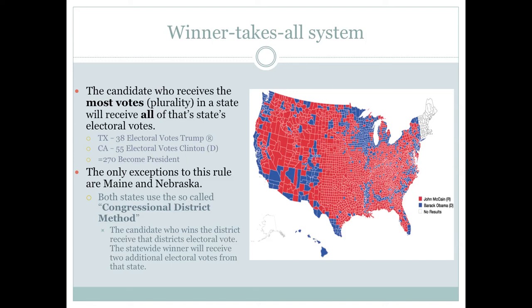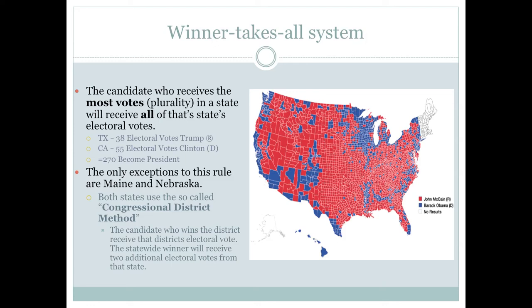So they try to make it a little bit more proportional, meaning that the amount of electoral votes that you receive is a little bit more proportional to how much of the vote you received, in other words. But again, only Maine and Nebraska use this system.